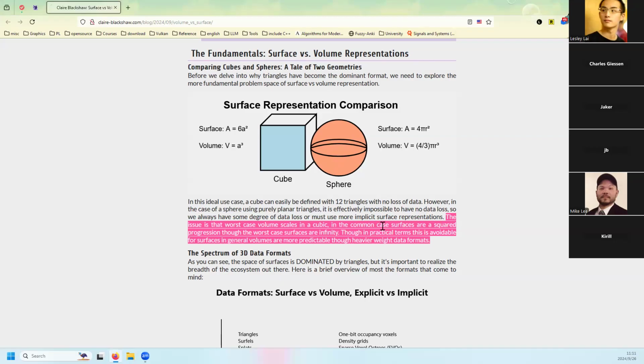The other part, yeah, that's right. If you use voxels, then you also can't perfectly represent a sphere without some kind of implicit representation baked in.